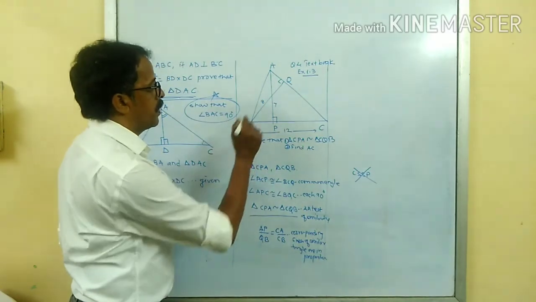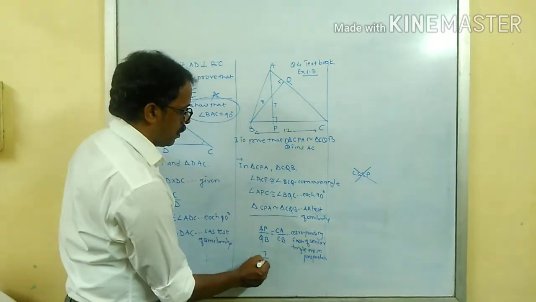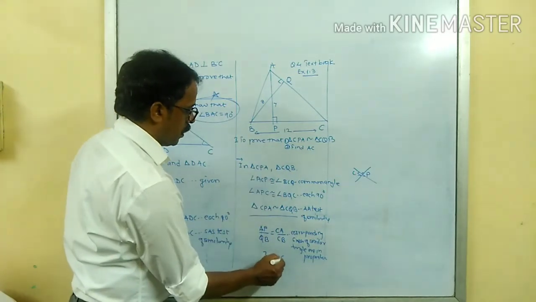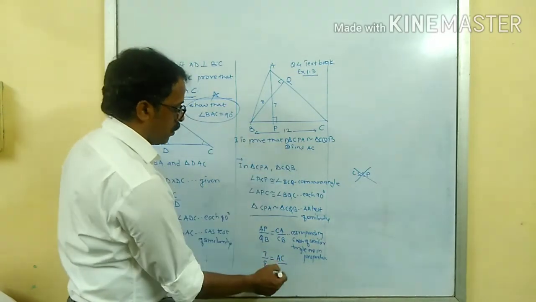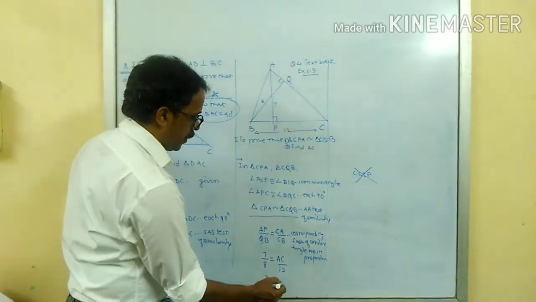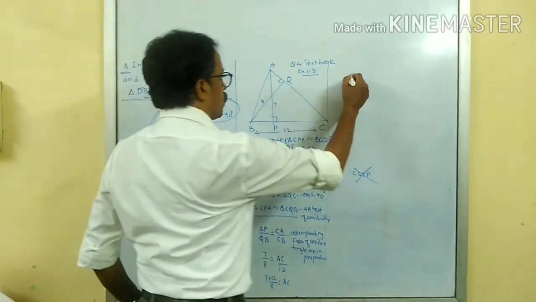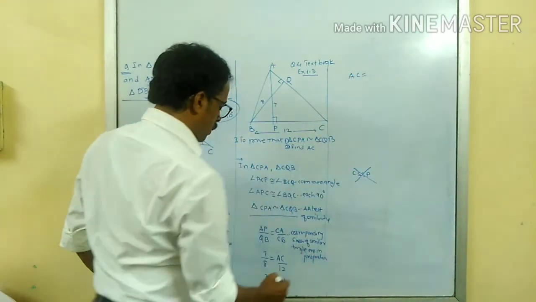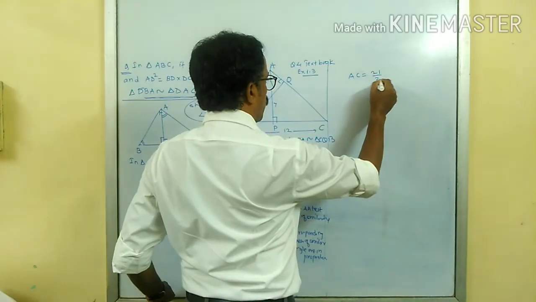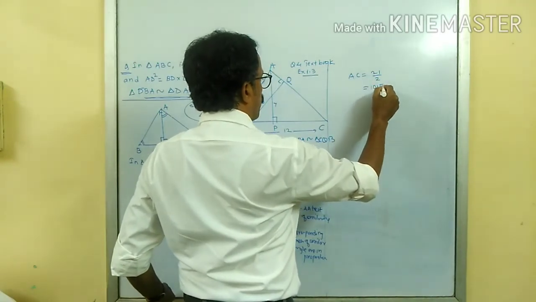Now put the values. What is the given value of AP? It is 7 upon 8 is equal to AC, which we need to find, upon BC. The value they have given is 12. So 7 into 12 upon 8 is equal to AC. So the value of AC is found out to be 4 2s are 4, 3s are, that is 21 upon 2, that is 10.5.